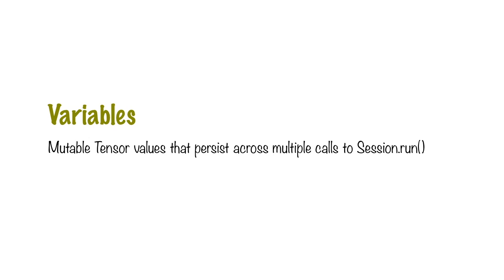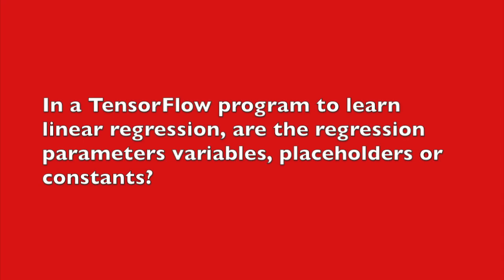In the context of TensorFlow sessions, variables are mutable values, but they will hold their values across multiple calls to session.run. Again, this is important. Variables are mutable, but those values will persist across multiple calls to session.run. Let's return to the question we posed at the start of this video. In a TensorFlow program that implements linear regression using machine learning, clearly the regression parameters are going to have their values updated during the training process.